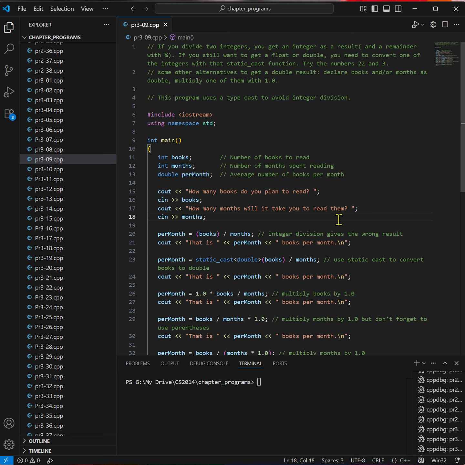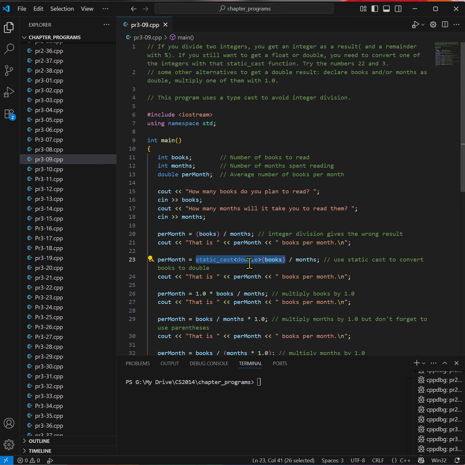Okay, so we're going to use this little program that asks for the number of books that you plan to read and how many months it's going to take, and then it's going to calculate the number of books per month. And we're going to use the numbers 22 books and 3 months. Now, like I said, the book uses the static cast to change one of them into a double.